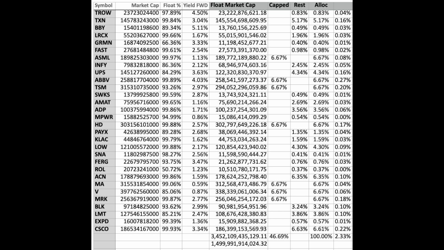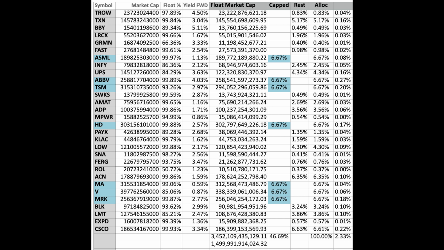The next step in constructing this portfolio was to determine the starting allocation for each of these stocks. And here I borrowed the process from SCHD, and I used the float-adjusted market cap with a maximum allocation to any individual stock set at 6.67%. This is twice the equal weight. To get the float-adjusted market cap, I simply multiplied the current market cap for each stock by the float percentage. 7 stocks with the largest float-adjusted market caps ended up having the maximum 6.67% allocation.